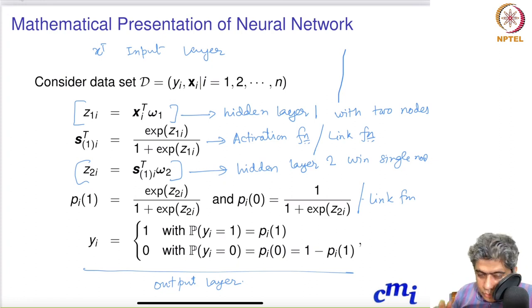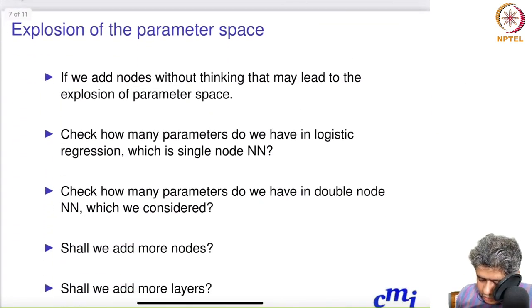Okay, so now you have a graphical representation of the neural network. This is the mathematical representation of the neural network, and these interactions give you engineered interactions. If you carefully look into it, there will be a lot of interactions. If we add nodes, one of the major problems with the neural network is explosion of the parameter space.